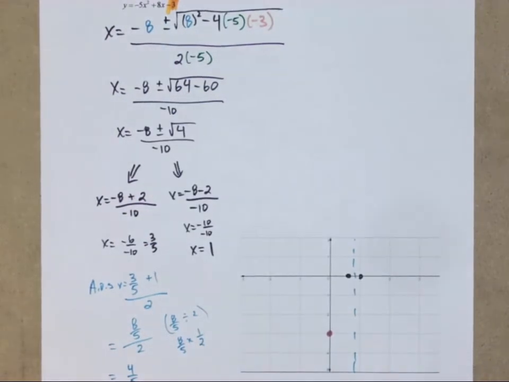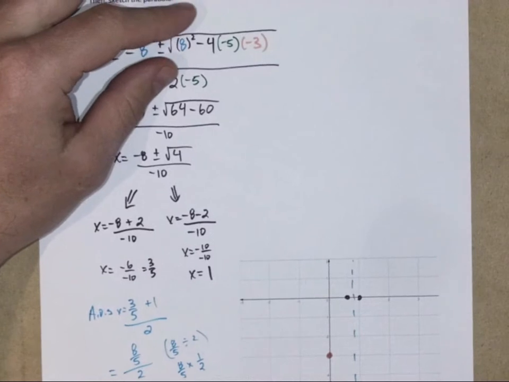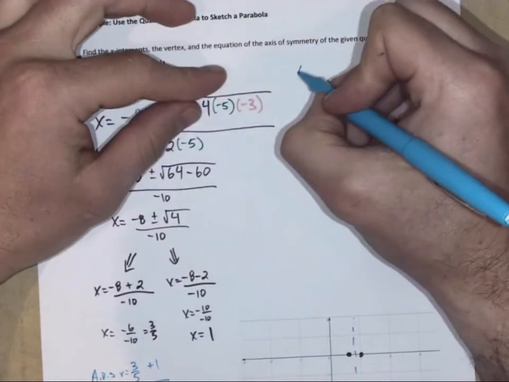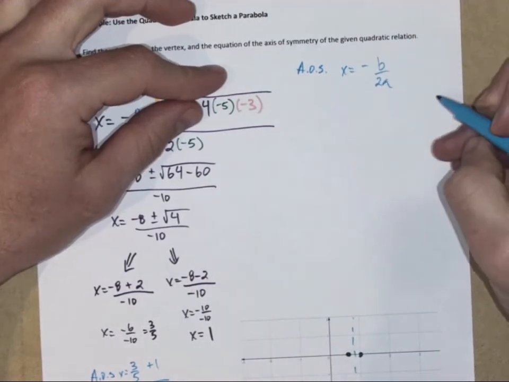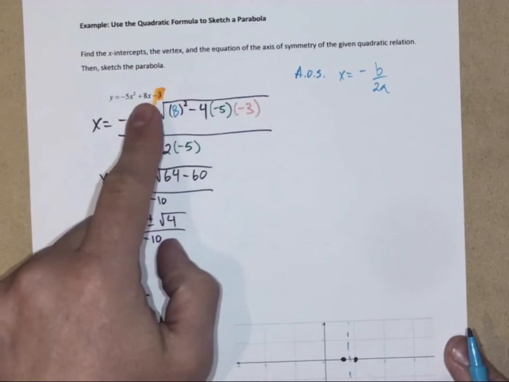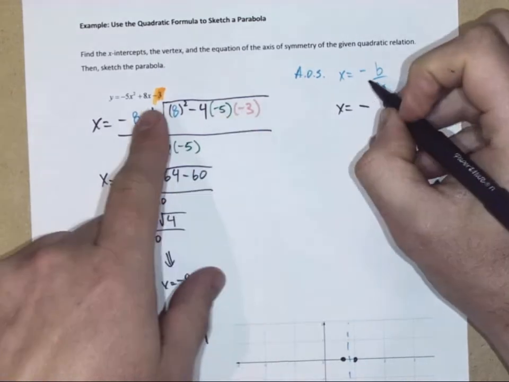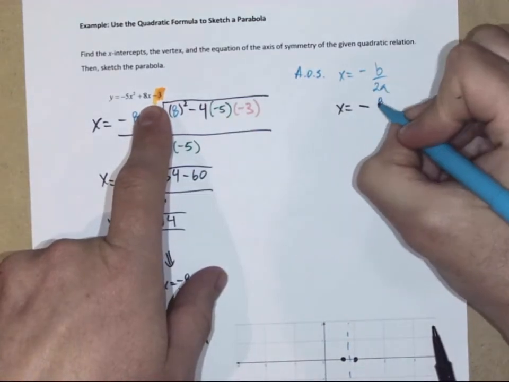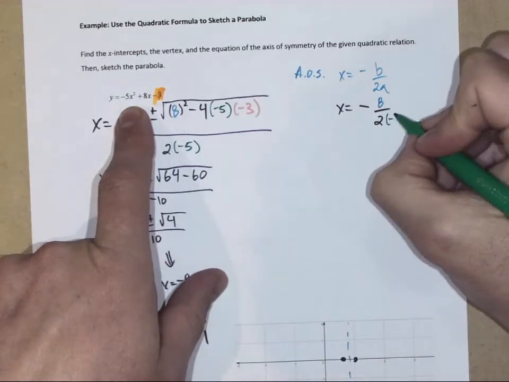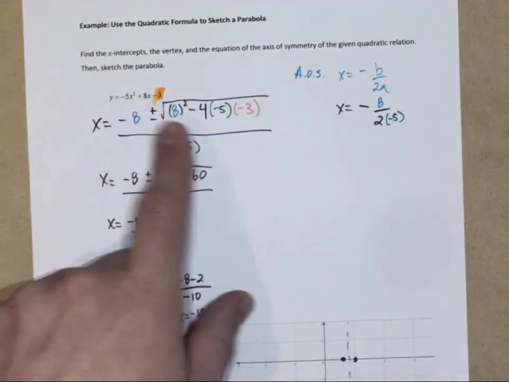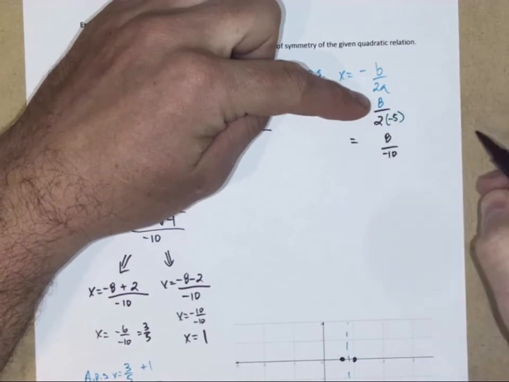Now, if I forget about that and use my new key, and that new key is that my axis of symmetry is going to be negative b over 2a. So let's fill that in and let's see. x equals negative b, which is 8, over 2 times negative 5, which is negative 10.